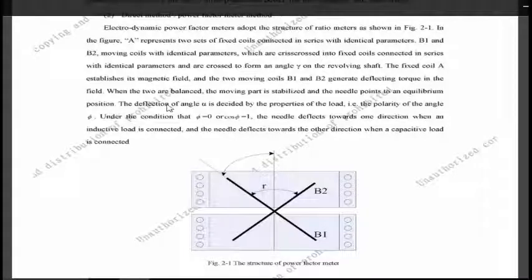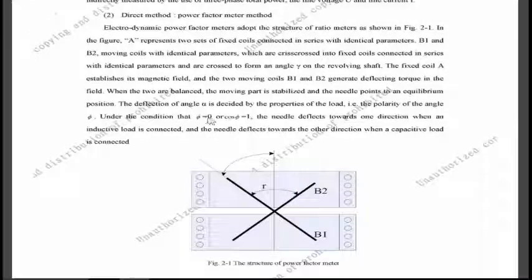The deflection angle is decided by the property of the load, that is, the polarity of the angle. Under the condition that theta is equal to 0, or cos theta is equal to 1, the needle deflects towards one direction when an inductive load is connected, and towards the other direction when a capacitive load is connected.